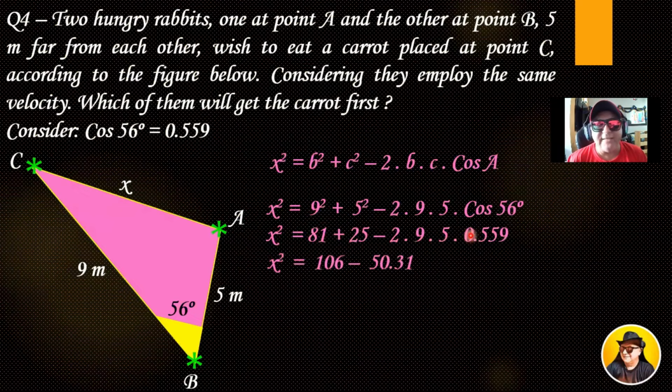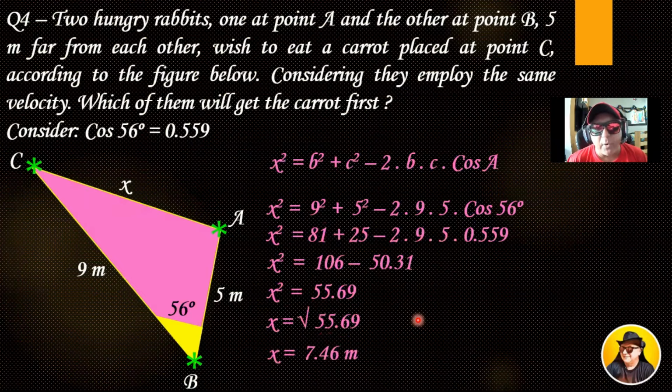Okay, so x squared is 106 minus 50.31. Well, doing this subtraction, we have that x squared is 55.69. Taking the square root, we have that x is 7.46 meters. Well, pay attention. The two rabbits have the same velocity, all right?